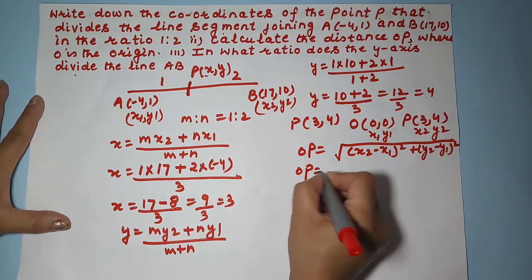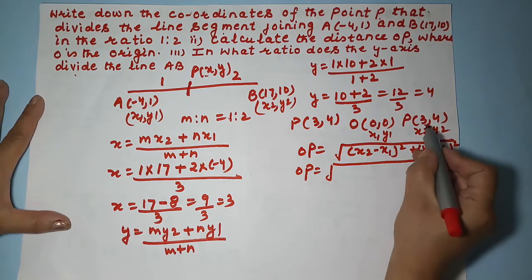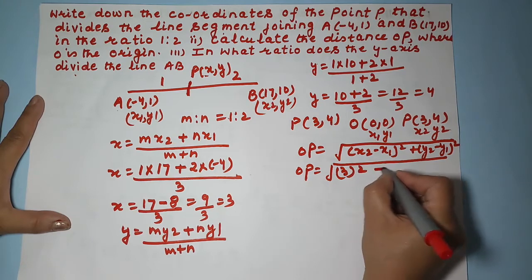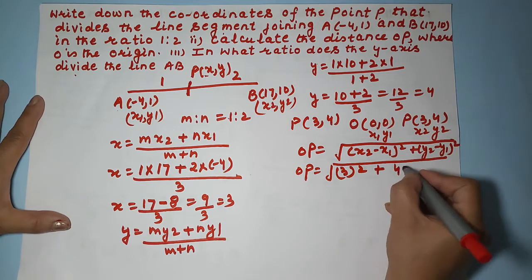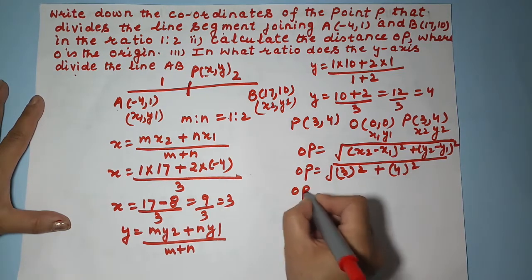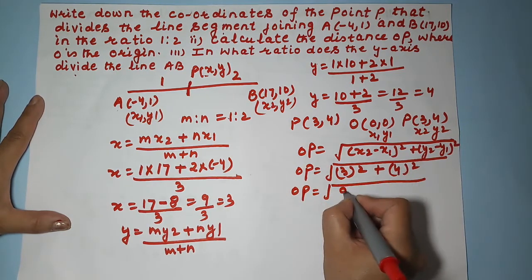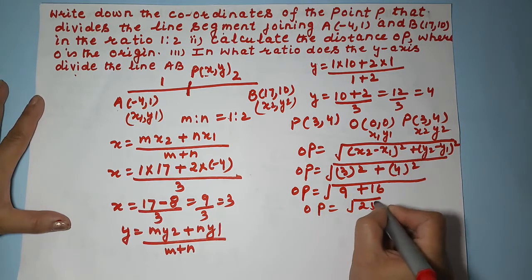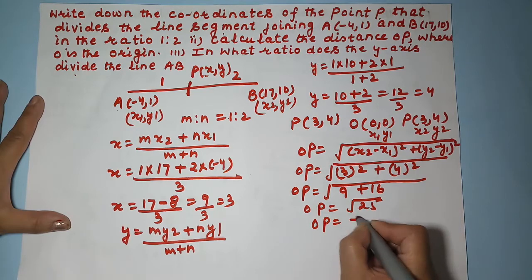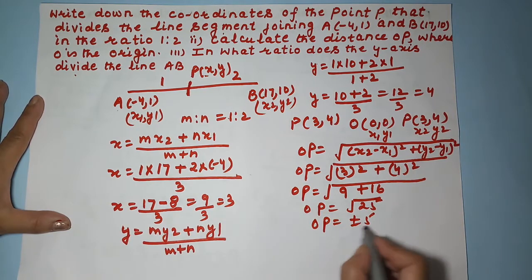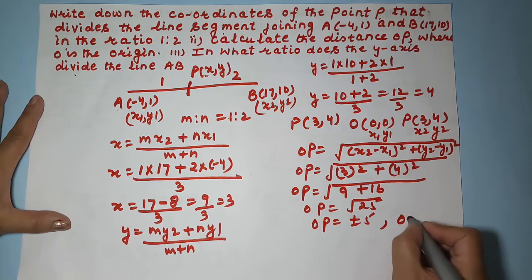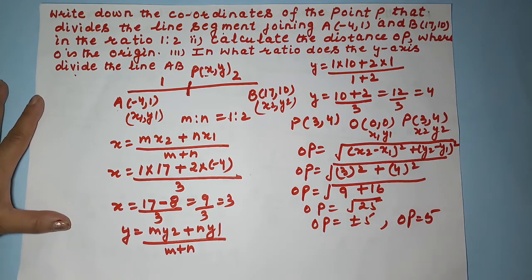So OP will be, how much is my x2? 3, minus 0 whole square plus how much is my y2? 4 minus 0. So I don't need to write 0 whole square. So OP is equal to under root of 9 plus 16. Does that mean OP is equal to under root of 25? OP is equal to plus minus 5. But I will not take minus value because distance is never minus. So my OP is a positive 5 units.